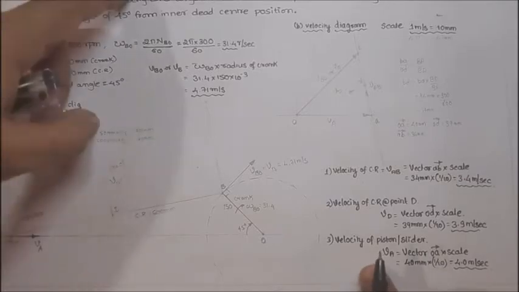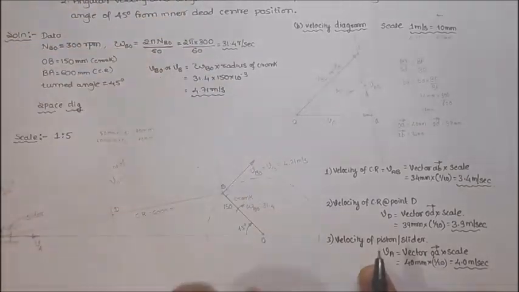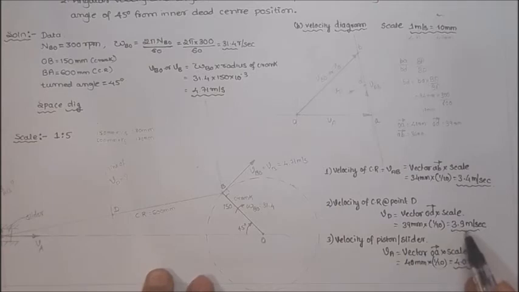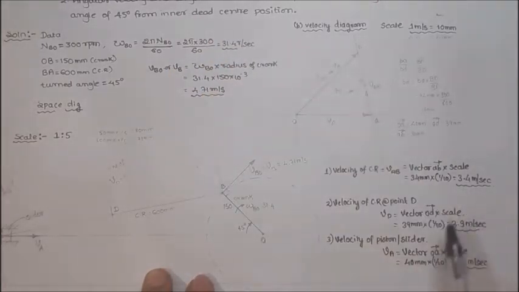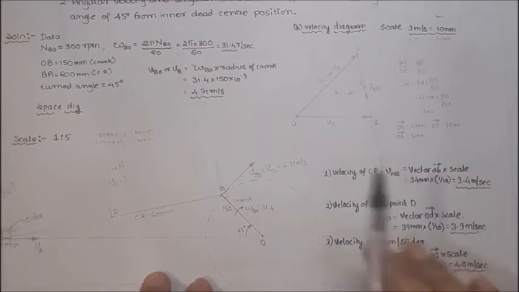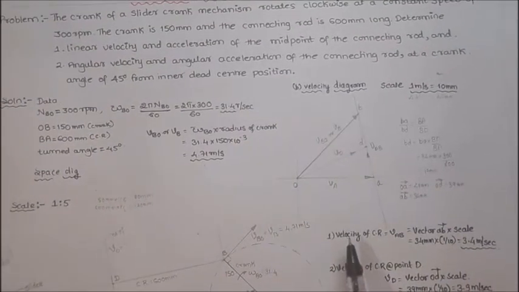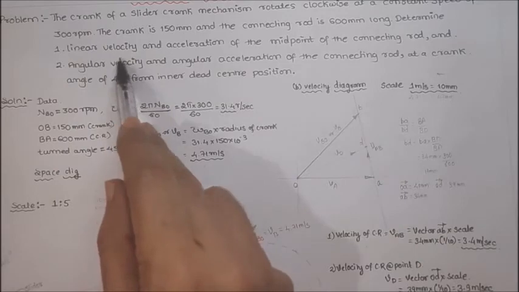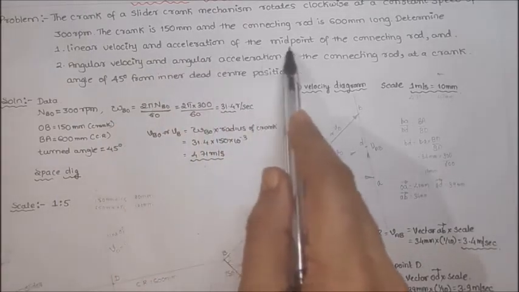So data of linear velocities at a midpoint. Linear velocity at midpoint we got it 3 meter per second. Acceleration at that particular point needs to be found. So we had been given to find the linear velocity and acceleration at midpoint.